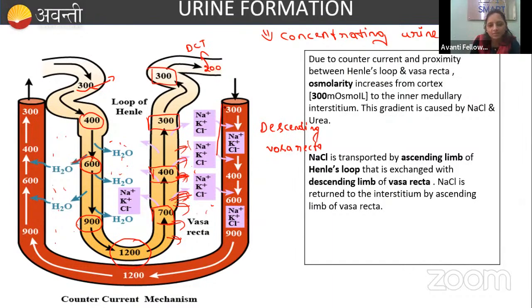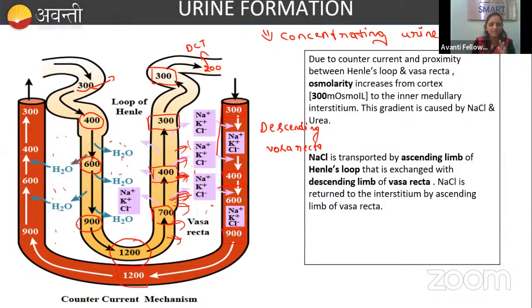In the vasa recta it was 300 osmol. When it takes up the sodium chloride and the potassium, obviously the osmolarity increases. Again, the sodium, potassium and chloride are taken up by the vasa recta, and the osmolarity keeps increasing until the vasa recta reaches 1200 osmol.